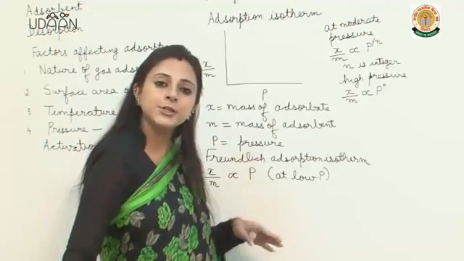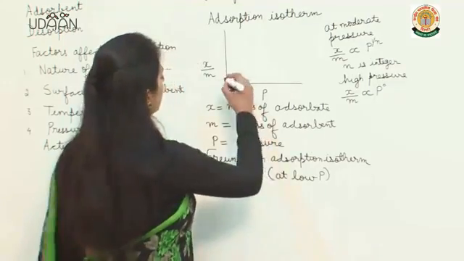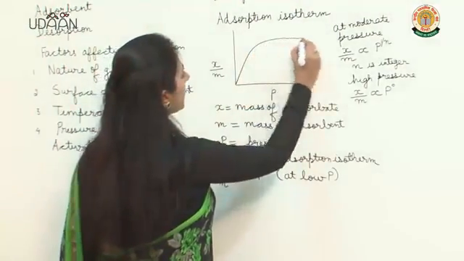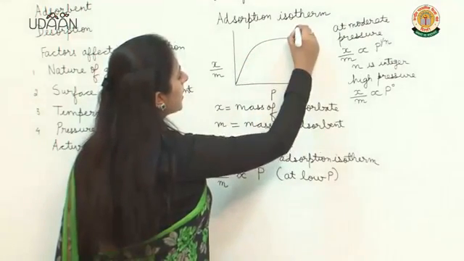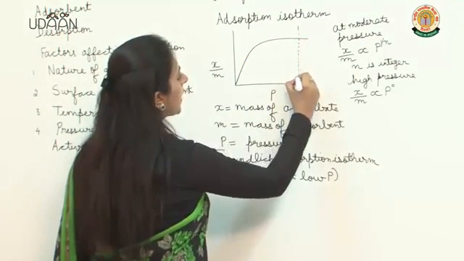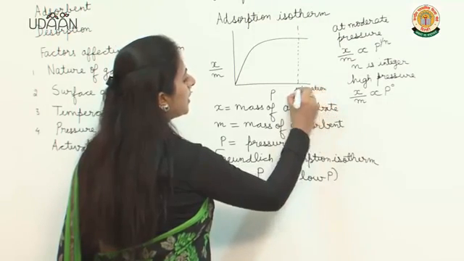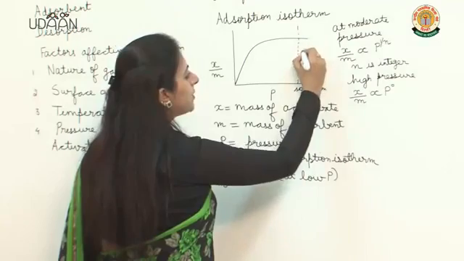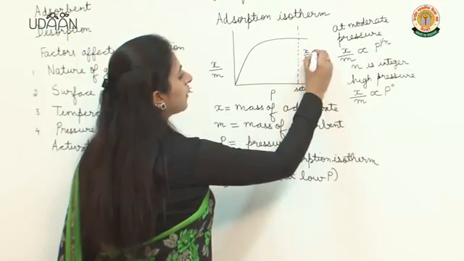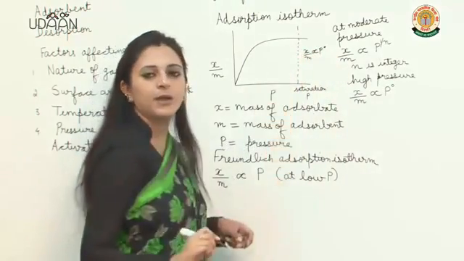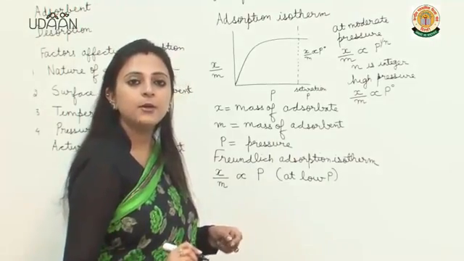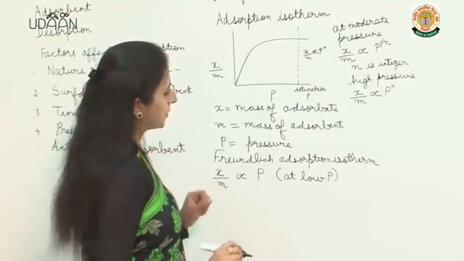It shows deviations at high pressure. So, when we plot a graph, we get a graph like this, and here suppose I have got the saturation pressure. So, that means at higher pressure, x by m does not depend upon pressure. So, that means it is applicable only at low pressure.